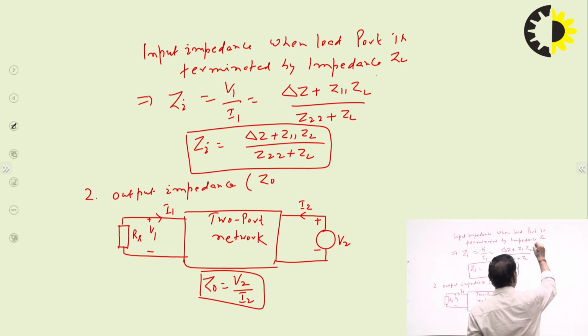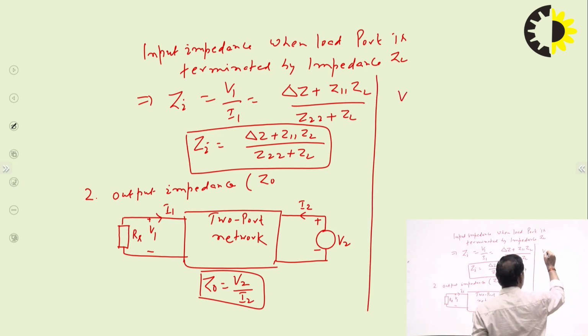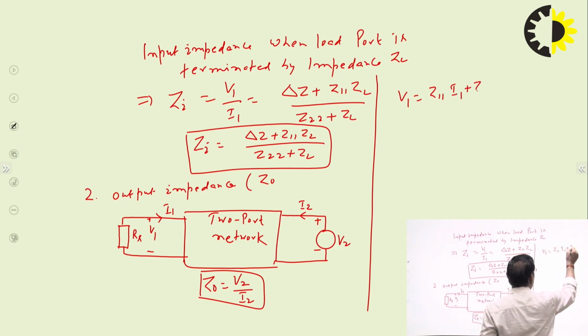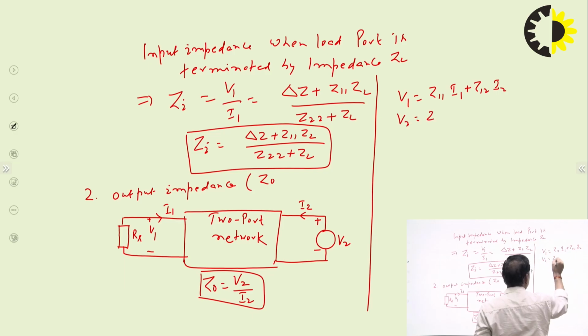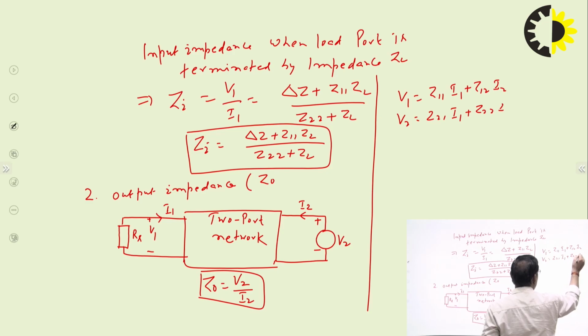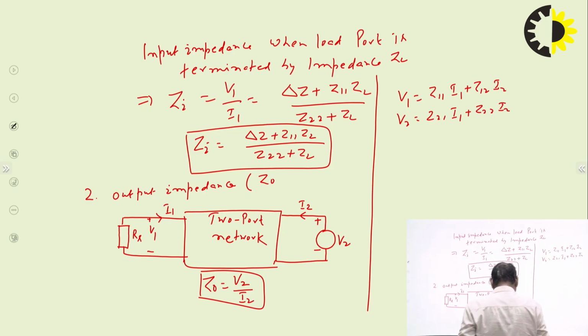So how will we do it? Just start with the basic equations. V1 is equal to Z11 I1 plus Z12 I2, and V2 is Z21 I1 plus Z22 I2. In the last equation we had written V2 is equal to minus I2 ZL.